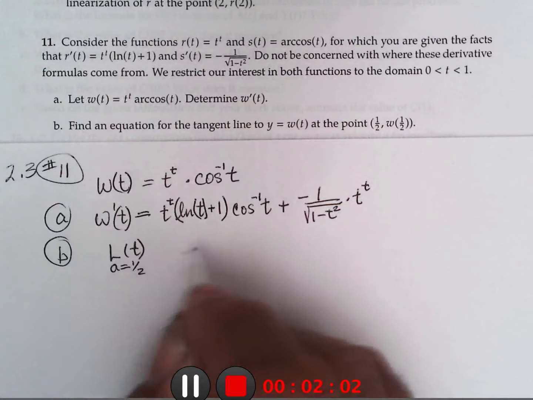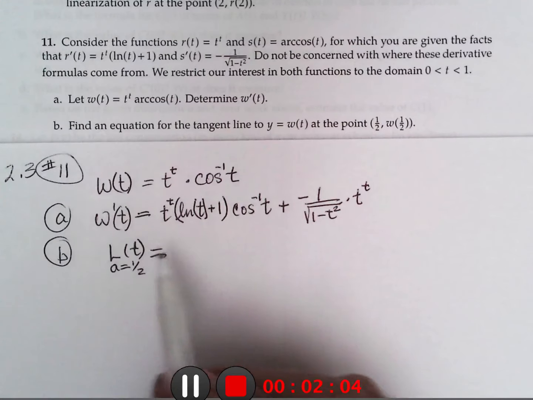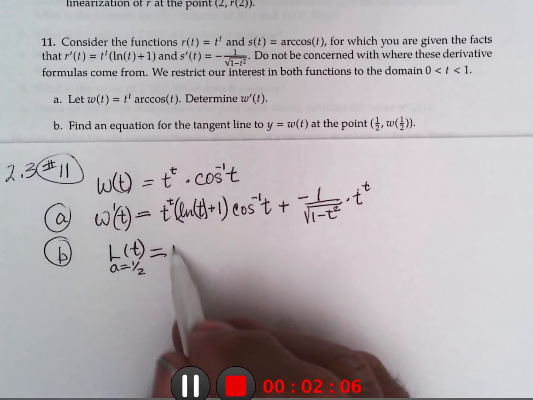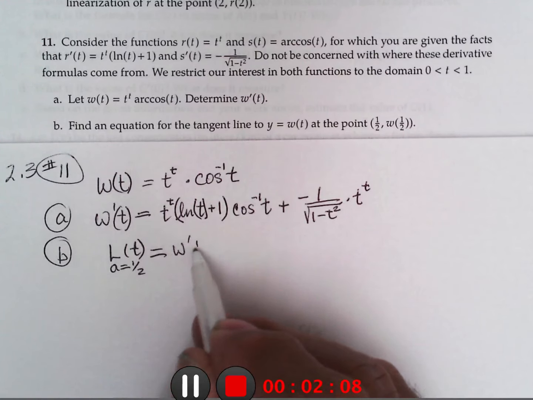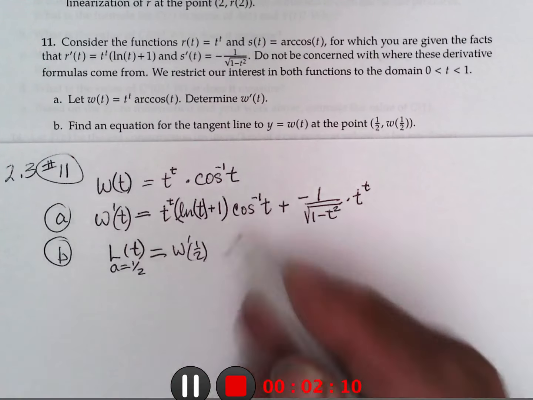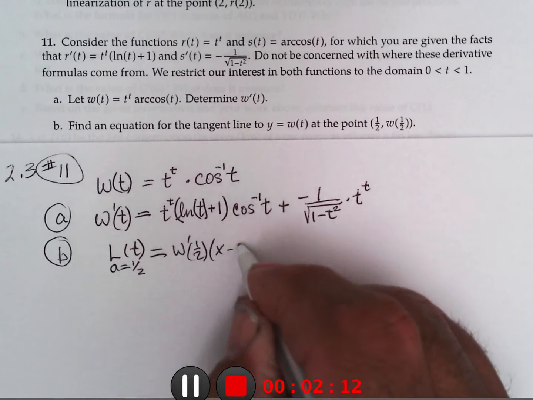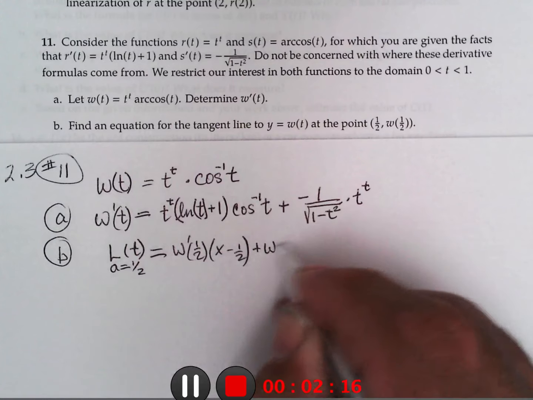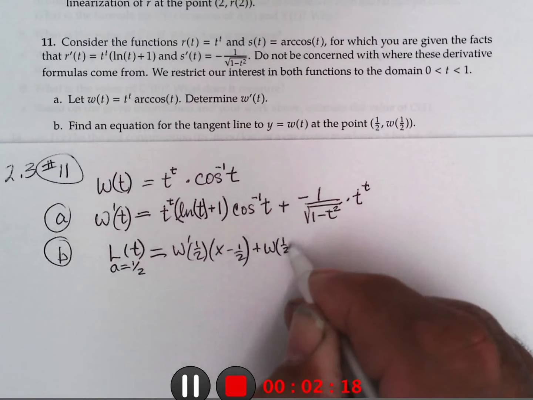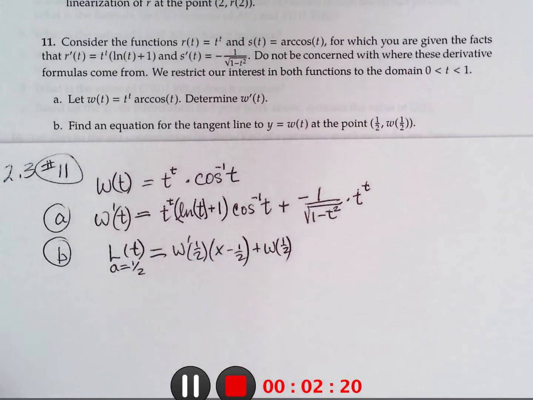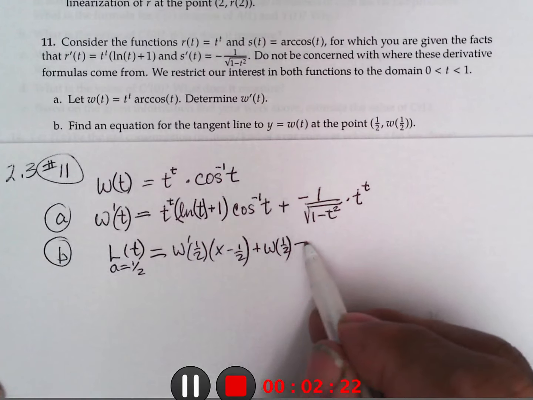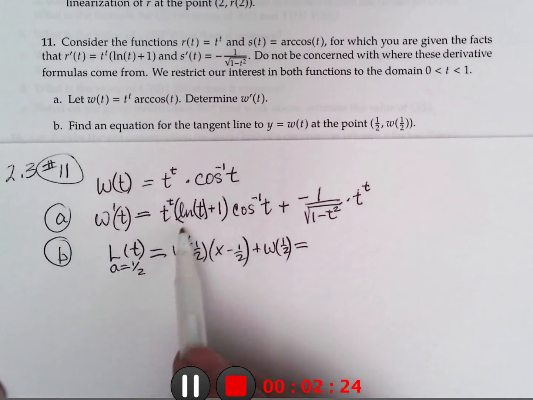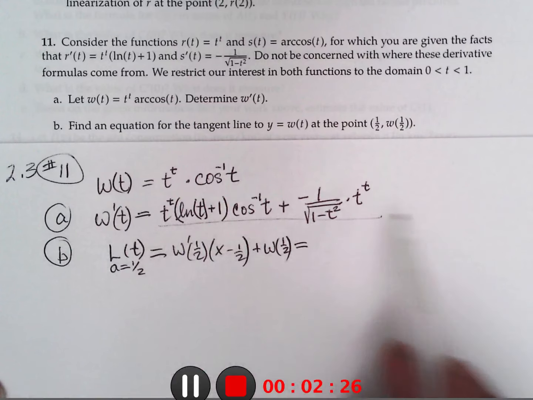So it's W prime of 1/2, so the derivative at 1/2, times x minus 1/2, plus W of 1/2. So I need to work that out. So I need to figure out what this is at 1/2.